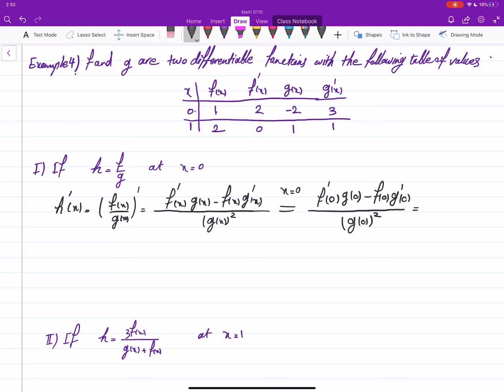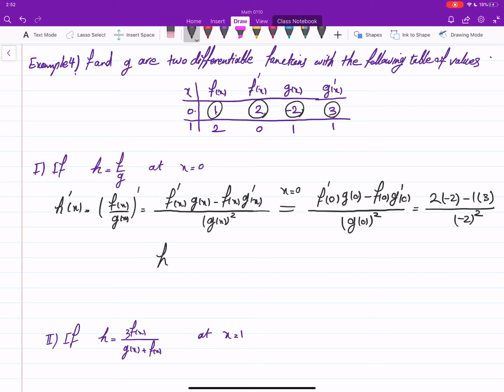And when you get to this point, you see these are just values that you have to pick from the table. F prime at 0 is 2 times g at 0, which is negative 2, minus f at 0, which is 1, times g prime at 0, which is 3, over g at 0, again negative 2, but squared.